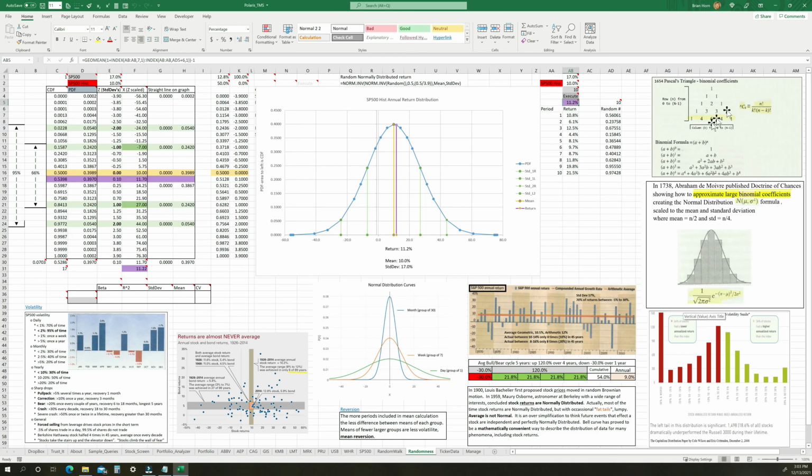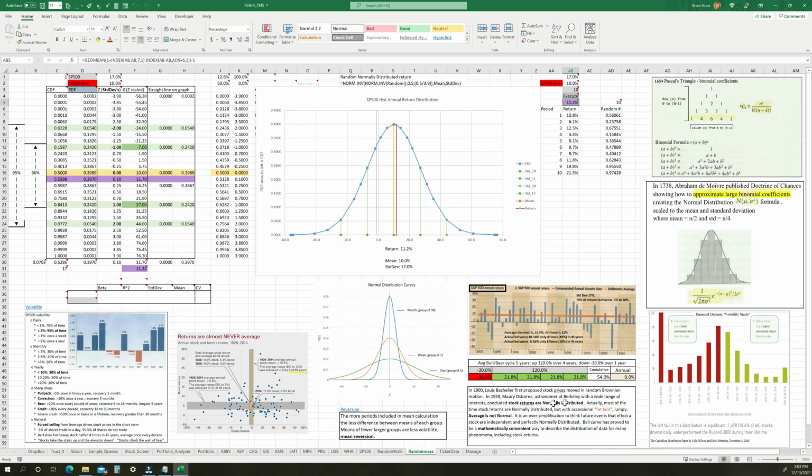Well, let's back up and talk about normal distribution. Back in 1654, Blaise Pascal came up with what's called Pascal's triangle to calculate the coefficients in a binomial formula. Then about 100 years later, mathematician Abraham de Moivre came up with a continuous formula for approximating large binomial coefficients.